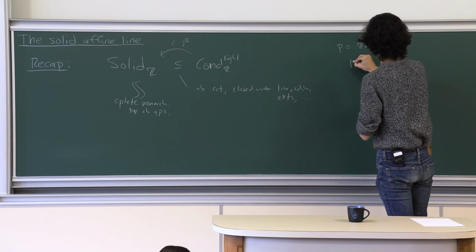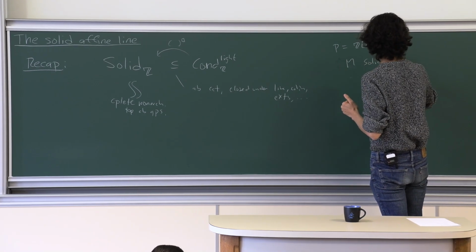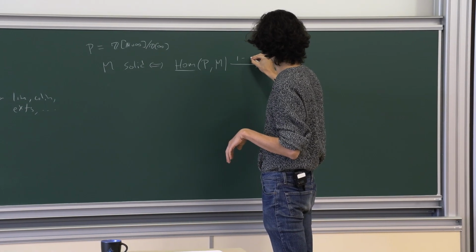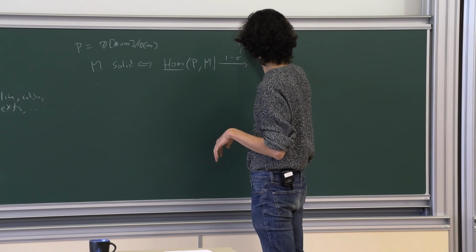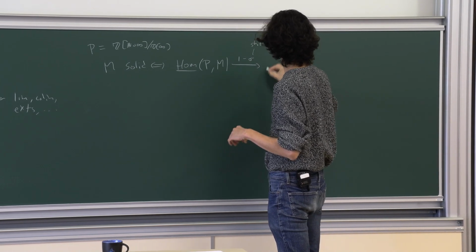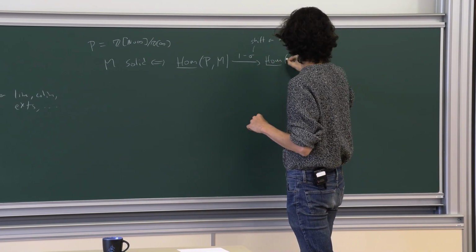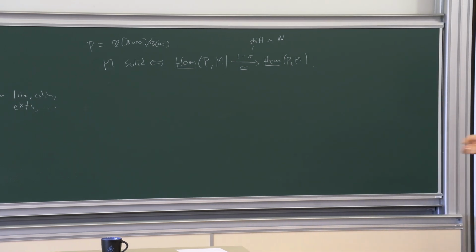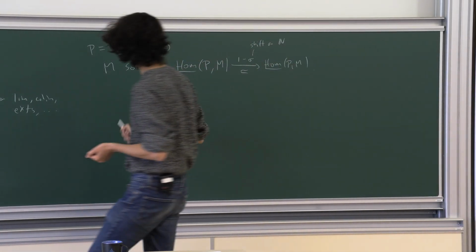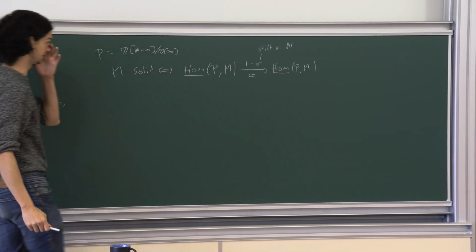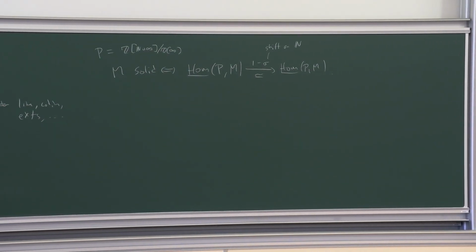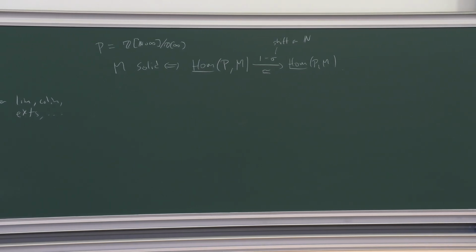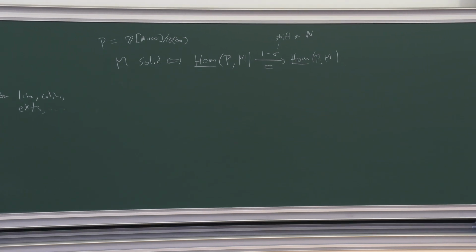So the definition was that M is solid if this map from null sequences to null sequences given by identity minus shift is an isomorphism. Okay, so that's what we had last time.